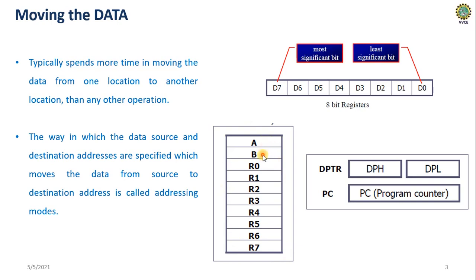Registers A and B are associated with the CPU, and registers R0, R1 to R7 are associated with internal RAM, right? Also some of the 16-bit registers most widely used in microcontroller operations is DPTR, data pointer, which is divided into a low byte and high byte. So data pointer high byte and low byte, DPH and DPL, and also the program counter.